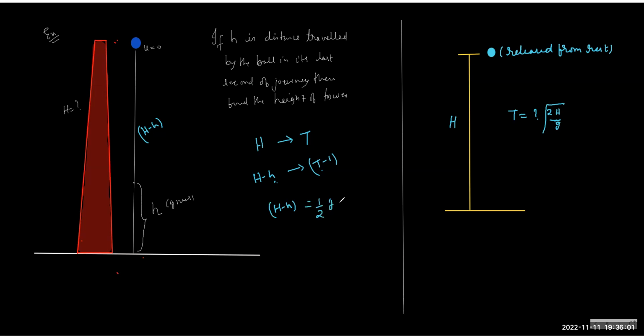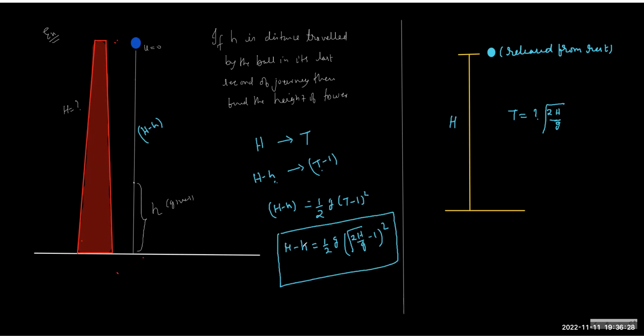So you can write H minus h equals half g (t minus 1) squared. That's it. So what is your answer? There is no need to solve this question; you can just keep it as it is.